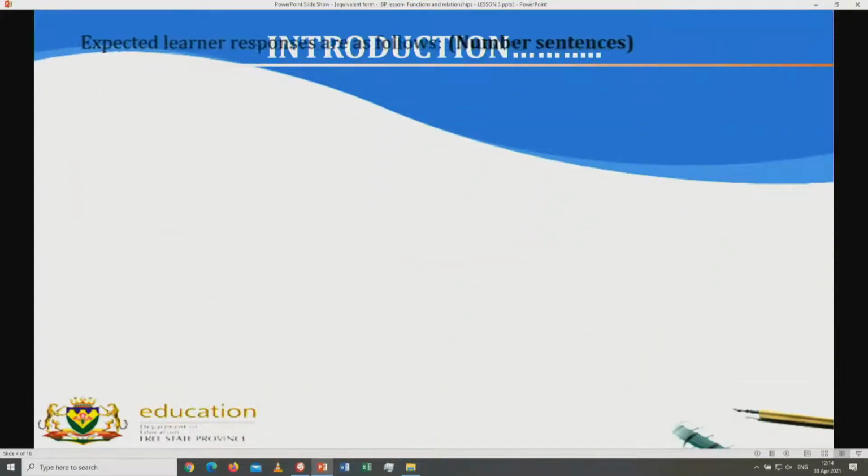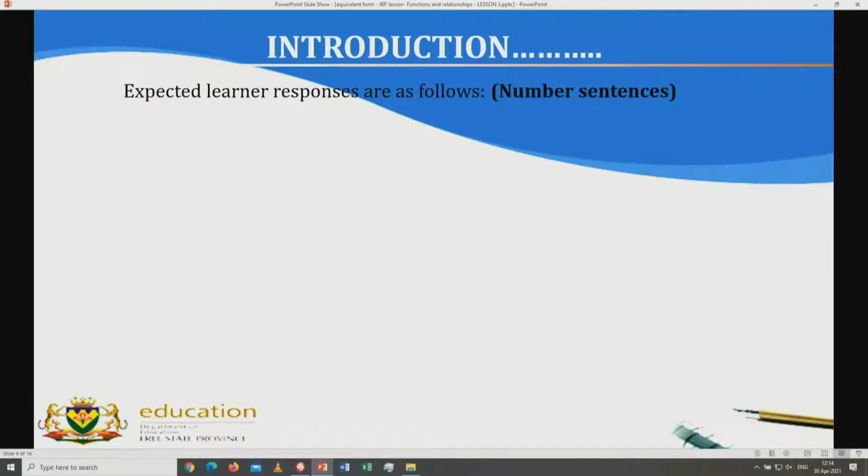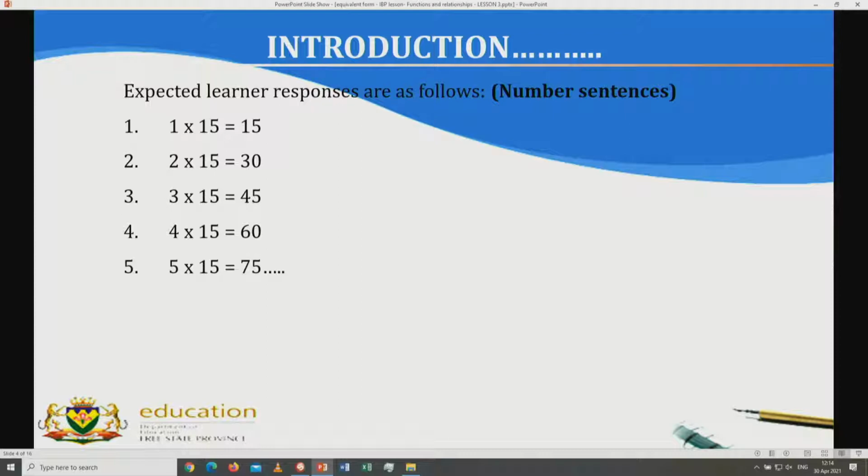Now, here are the expected numbers represented in number sentences. 1 multiplied by 15 equals 15. 2 multiplied by 15 equals 30. 3 multiplied by 15 equals 45. 4 multiplied by 15 equals 60. 5 multiplied by 15 equals 75.